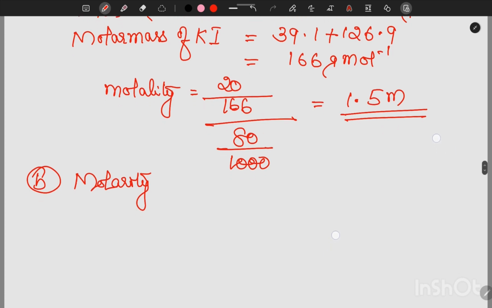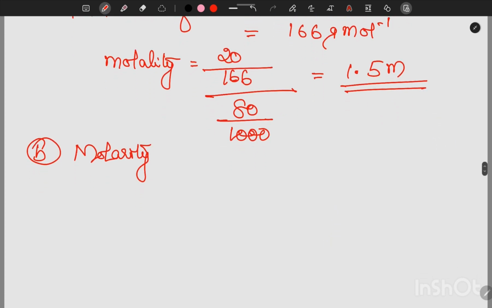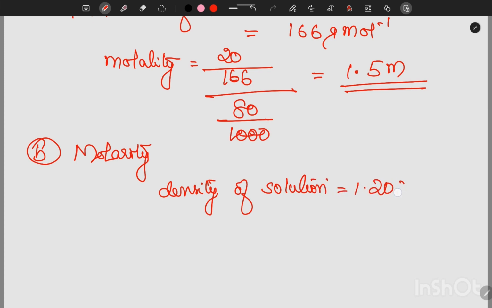So we know what is molarity. For calculating molarity, we don't have volume of solution. So we have to find out the volume of solution. For that, density of solution is given as 1.202 gram per milliliter.